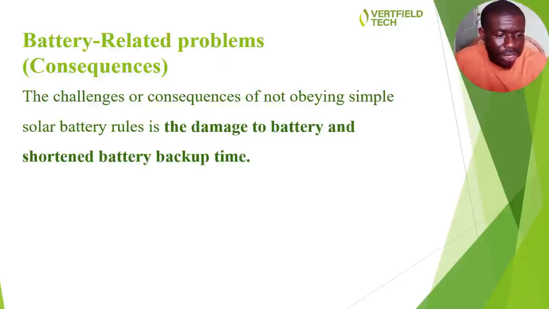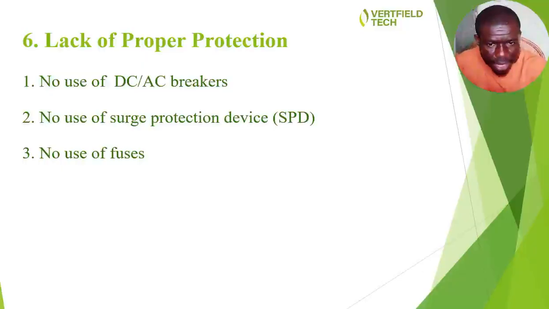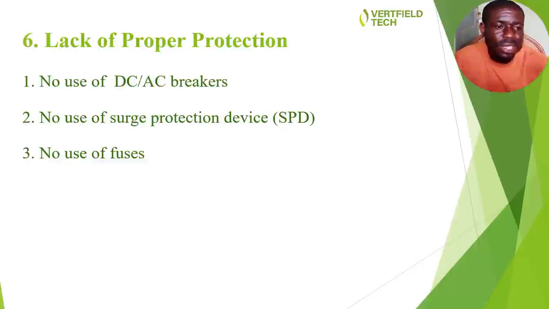So technicians, take note. Lack of proper protection. No use of DC or AC breakers. This is one of the key aspects of this training course or this field as a whole. So your solar system has to be protected at all costs.